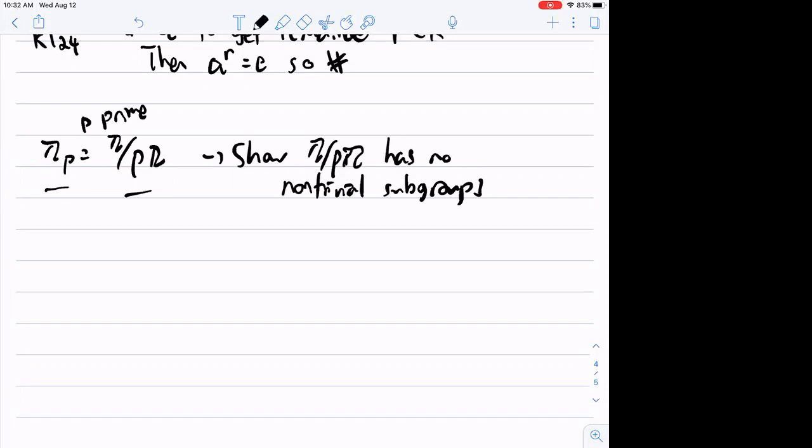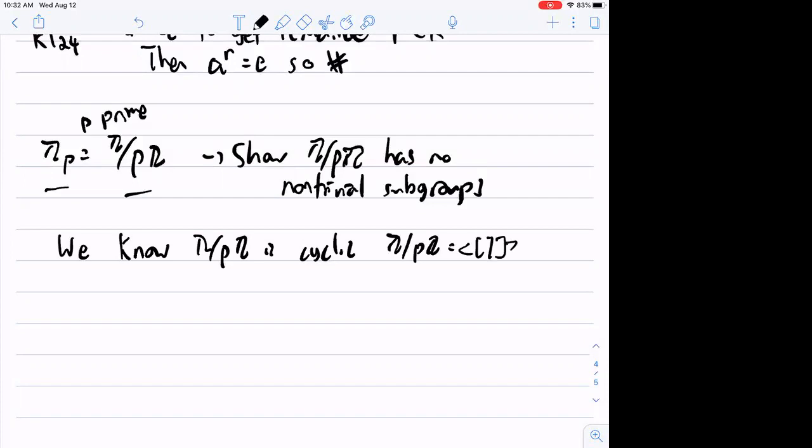So from here, what do you know? Why is this the case? We have the proposition, right? Let's use the proposition. We know Z mod pZ is cyclic, right? It's generated by 1. From the theorem, subgroups of cyclic groups are cyclic, right?